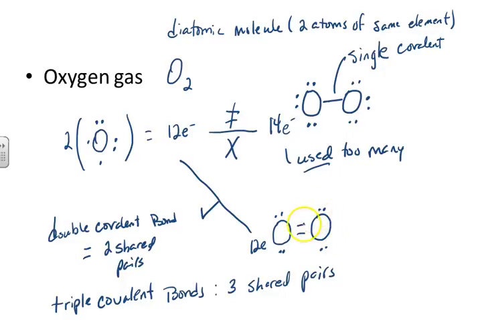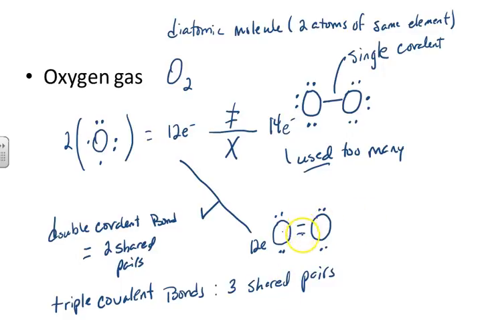Whenever we have shared pairs, the nuclei involved in the 2 oxygen atoms, for instance, are mutually attracted to this negative area. So we have positive nuclei attracted to negative electron cloud space in between.